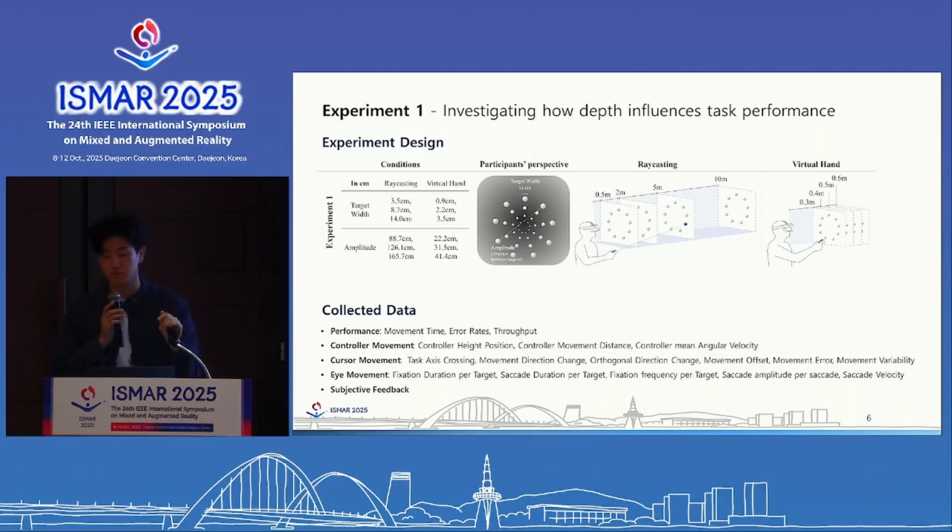Participants performed the multi-directional tapping task at 4 different depth levels, 3 different target widths, and 3 different target amplitudes, using 2 representative interaction methods, which are raycasting and virtual hand. In addition to performance metrics, we also collected behavioral data, such as controller movement, cursor movement, eye movement, and also subjective feedback.